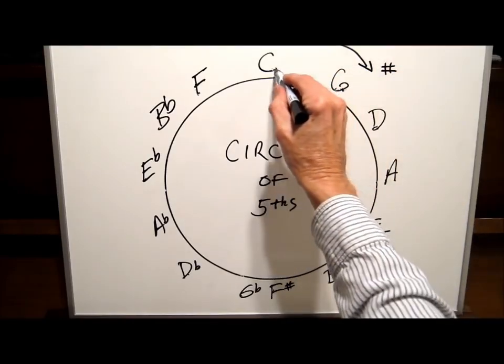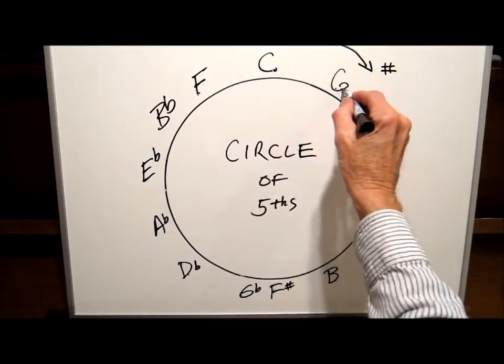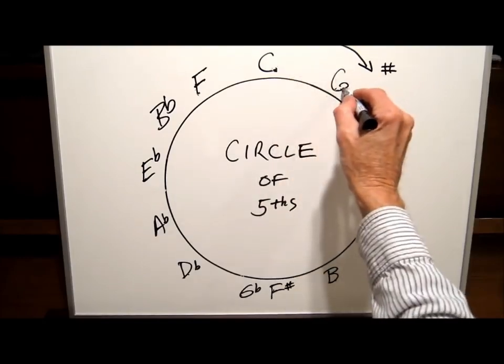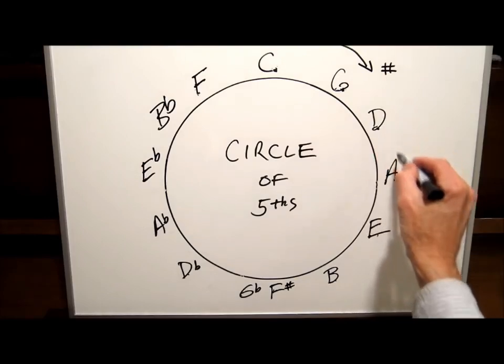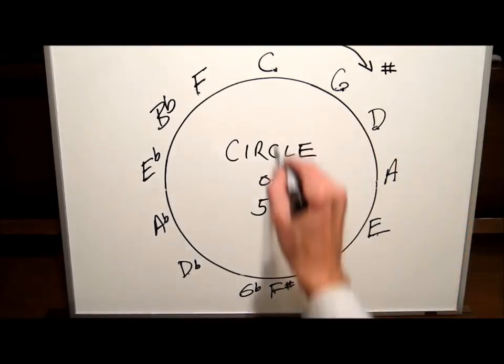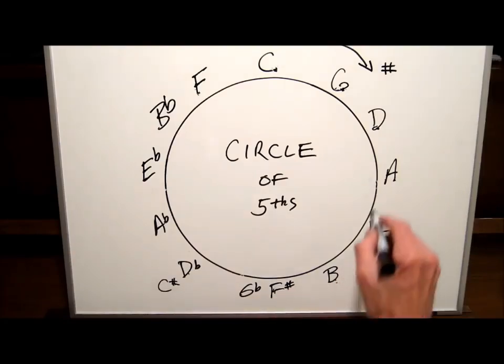That means that we're moving from the key of C to the key of G, adding one sharp. So we're going from the simple to more complex: one sharp, two sharps, three sharps, four sharps, all the way up to 6 sharps here, which is the middle. Now we have 6 sharps. One more, we can go one more to C sharp. Now we have 7 sharps. That's the most we can have, the 7 steps of the scale.